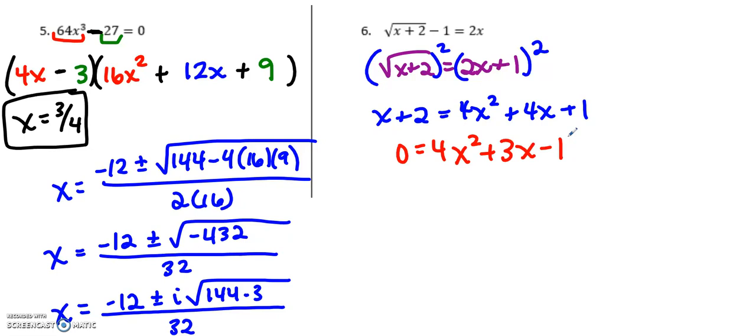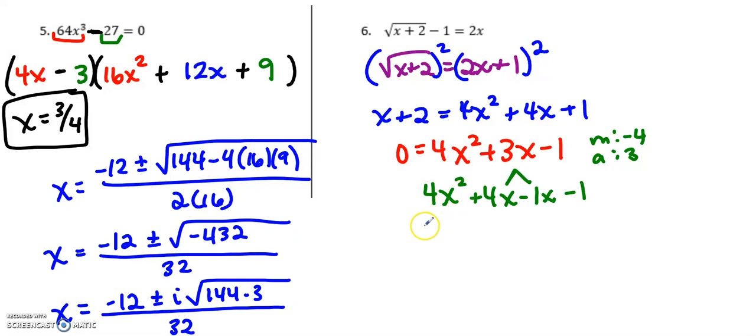And the way that you can work from here, you can try to factor this thing, but I don't like factoring when there's a leading coefficient that's a composite number. So I'm going to multiply to negative 4, add to positive 3. So this will become 4x squared. This is going to split into 4x and minus 1x. And then this one will carry down to be minus 1.